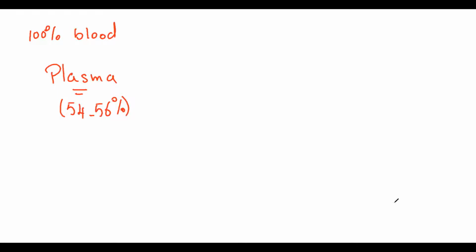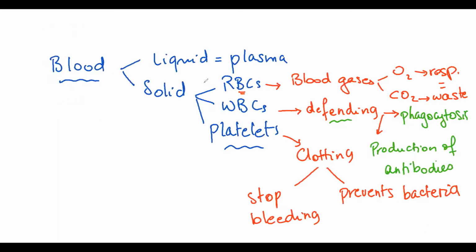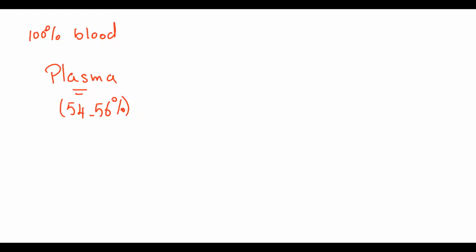This means that the others form the rest, or 46 to 44% of the volume of the blood. The plasma forms the majority of blood, and it is just a straw-colored liquid that is responsible for transporting certain materials in the blood.